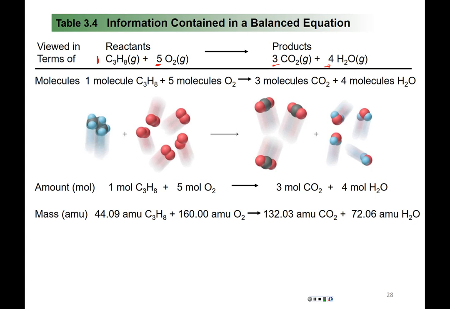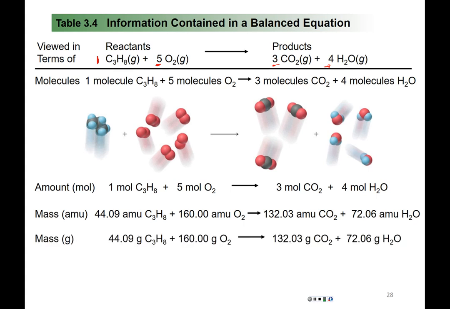So if you take the number of moles times the molecular weight for each of them, you would get 44.09 for C3H8, 160 for O2. If you add those together, they should equal out to 204. And if you do that to the product side as well, the total mass of the products is equal.